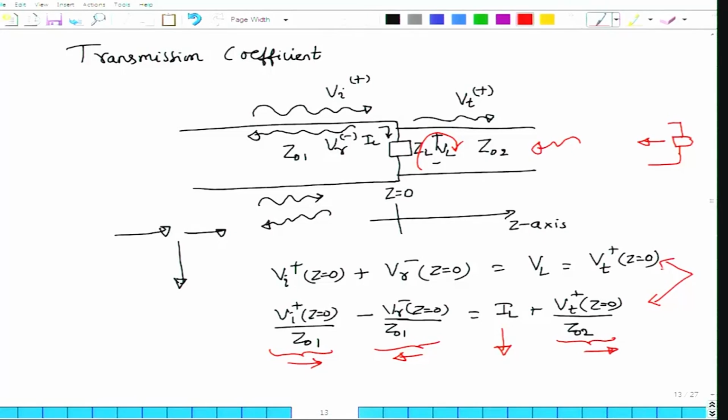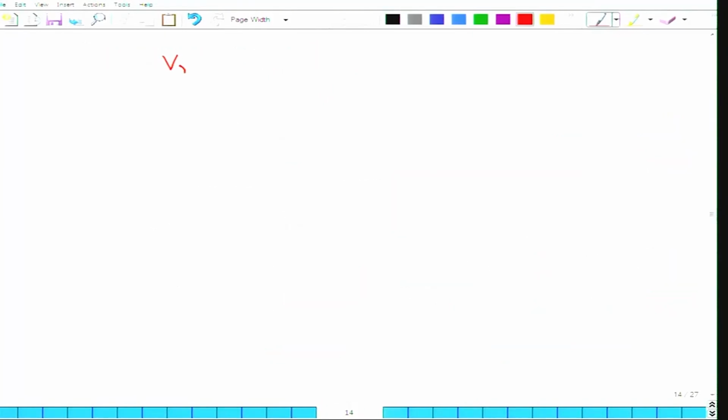I will not simplify them because this is mostly algebra and we do not really gain much physical intuition there. But if you simplify these two equations and find the ratio of VR minus, the reflected voltage at z equal to 0, to Vi plus at z equal to 0, this would be the reflection coefficient for the first transmission line.